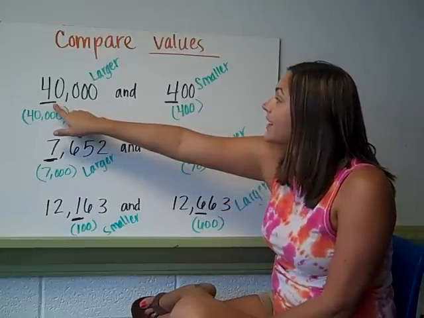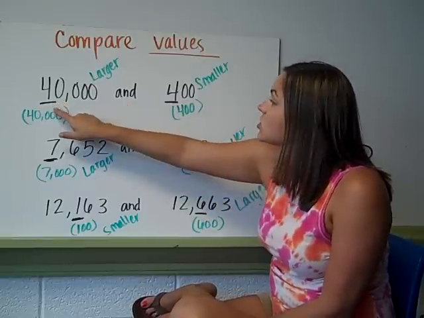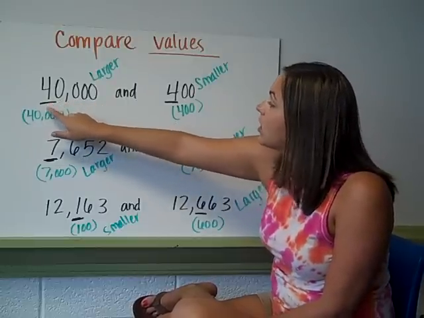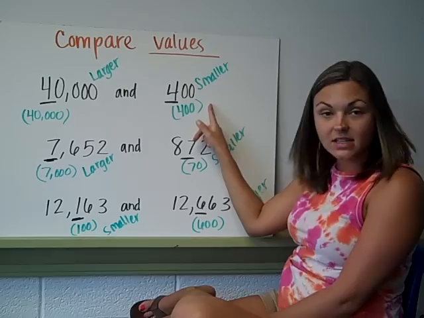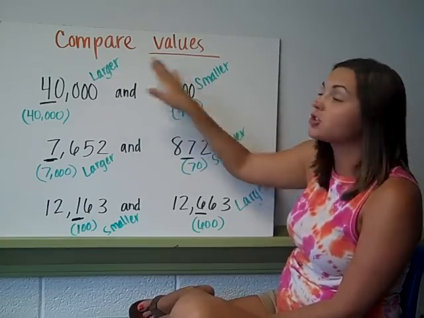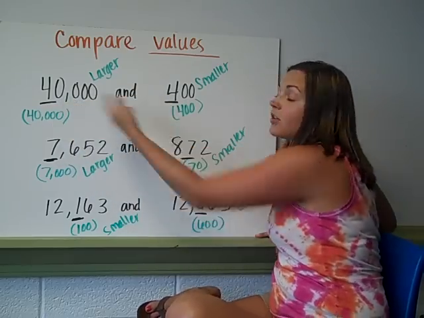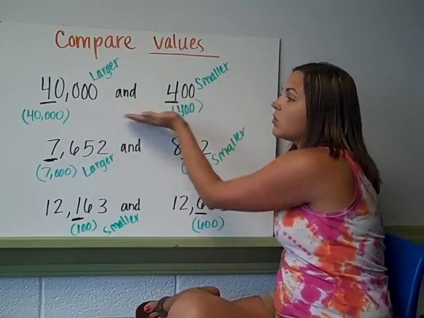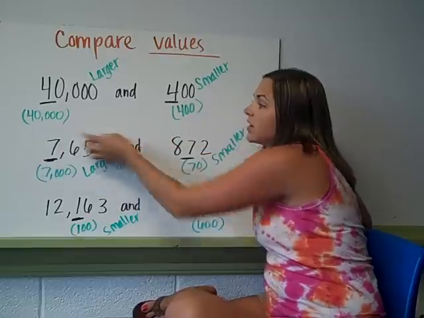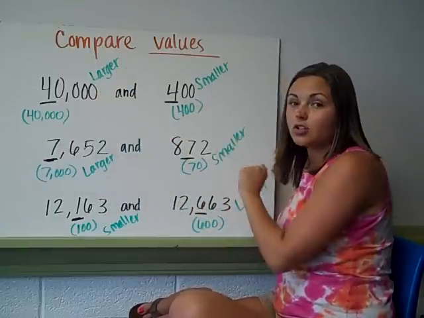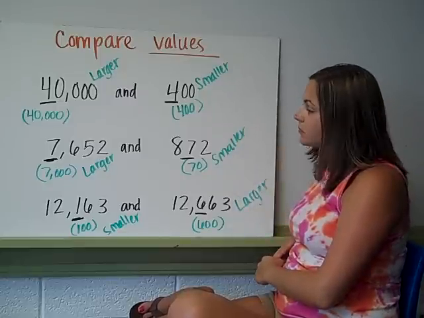This one is 100 times this number. You would not tell me that these are equal, because this 4 means 40,000 and this 4 means 400. 40,000 is a lot larger than 400.